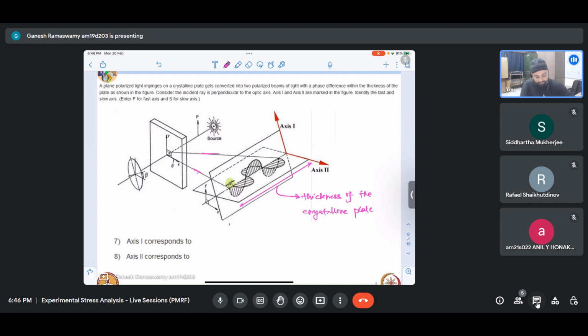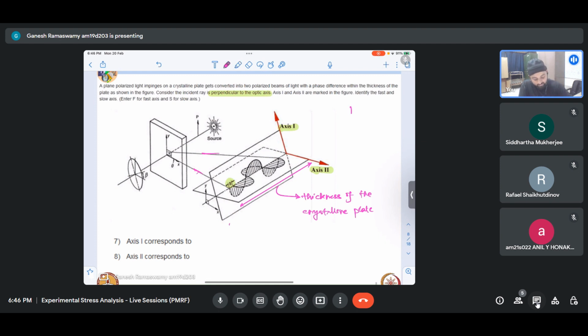Once this happens, we are asking: consider the incident ray is perpendicular to the optic axis, with axis 1 and axis 2 marked in the figure. Identify the fast and slow axis. So what happens when it is perpendicular to the optic axis? Let us look at that in a little more detail.